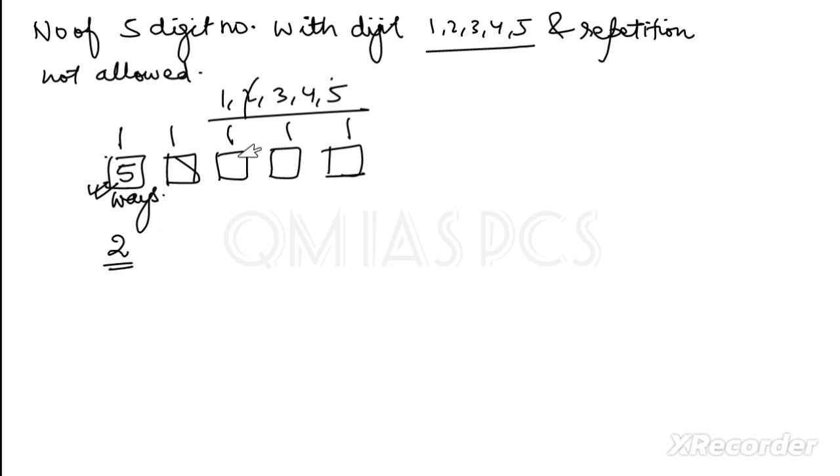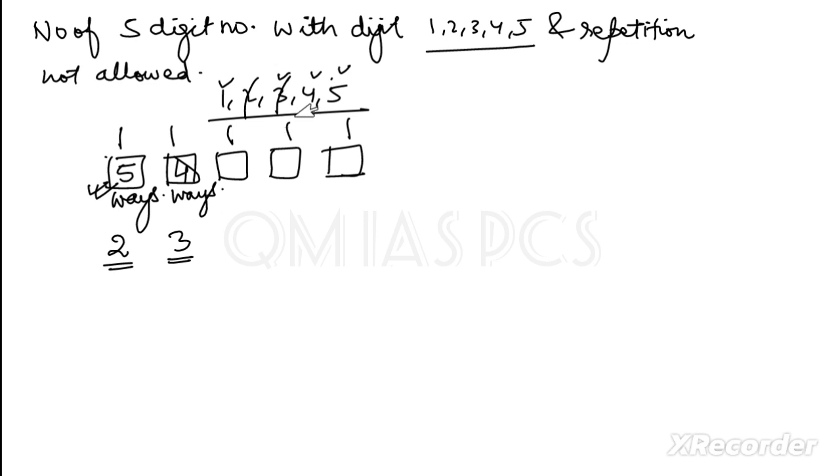Now we are left with only 4 digits, like 1 3 4 5. Now in the second place I am writing 3. So 3 is taken. For the second place, how many digits are there? 1 2 3 4. So 4 ways are there and we have chosen 1 out of those 4.